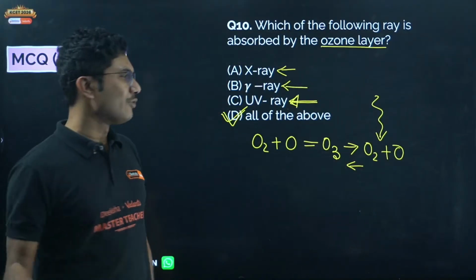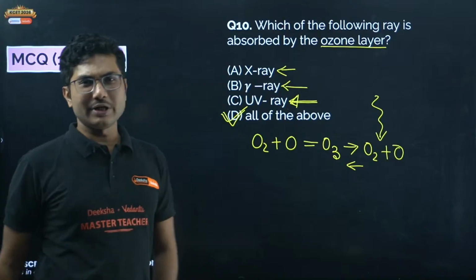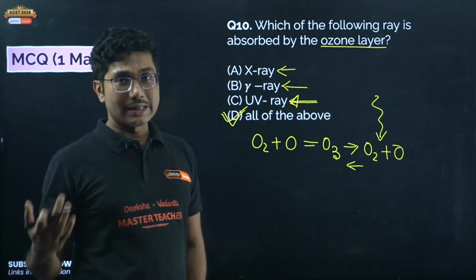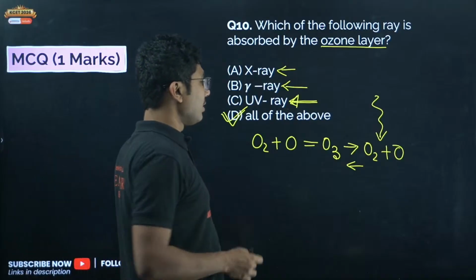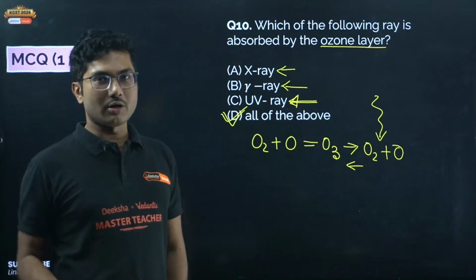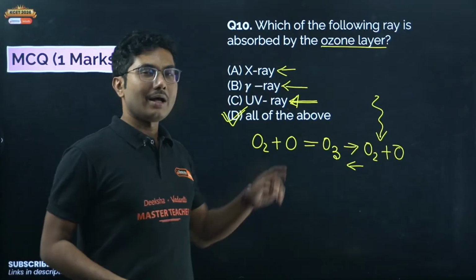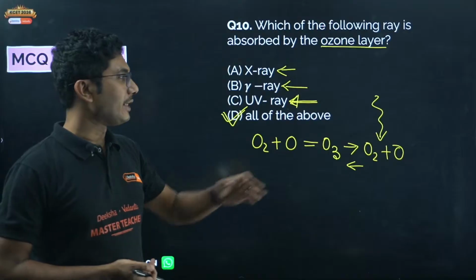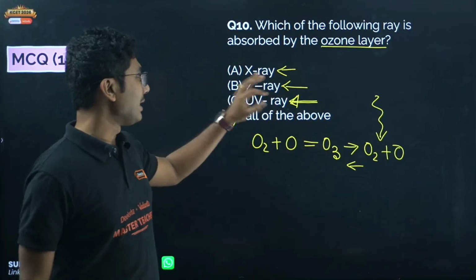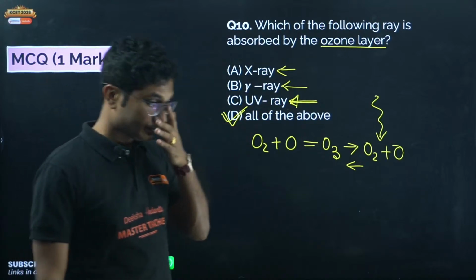I think you may have studied it in your chemistry. When I was a student, it was there in our chemistry; I'm not sure it is still there, the importance of the ozone layer. So ozone basically decomposes into oxygen and atomic oxygen, and when some high energy strikes it, it again recombines into ozone, and this high energy can be X-ray, gamma ray, or UV ray as well.